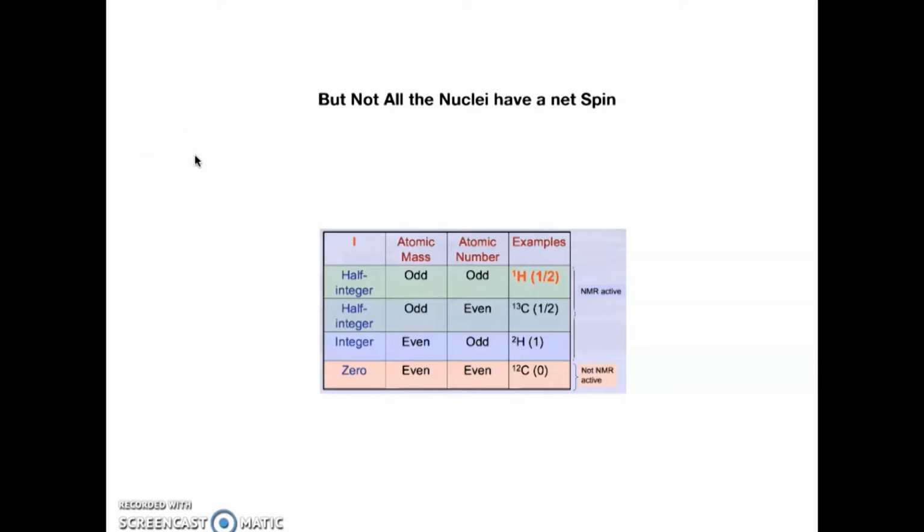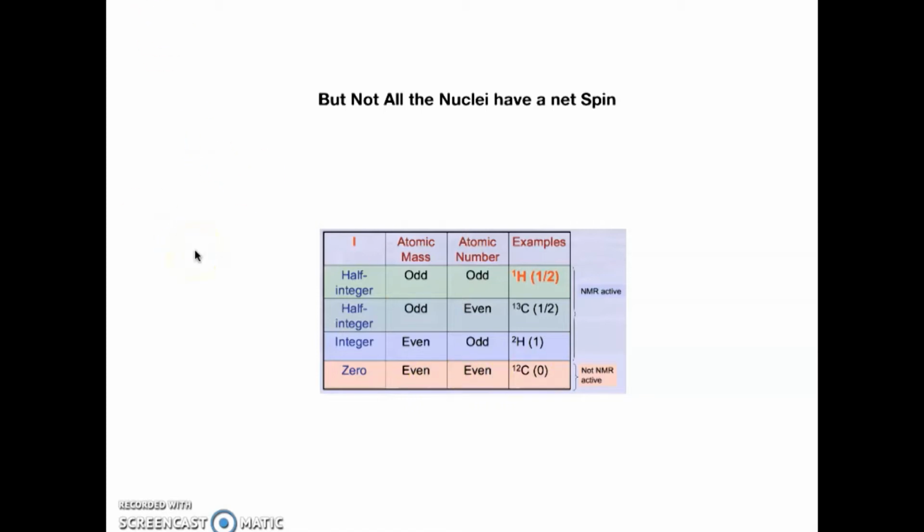So the nucleus should have either an odd number of protons or an odd number of neutrons. As you can see, atoms with an odd atomic number and odd atomic mass number have a net spin, and an odd atomic mass with an even atomic number also has spin. But when the atomic number is even and the atomic mass is also even, that nucleus will not be NMR active.